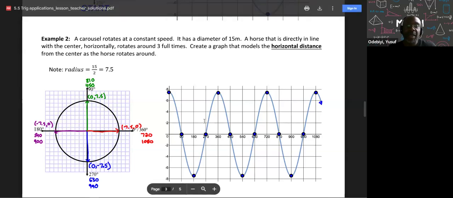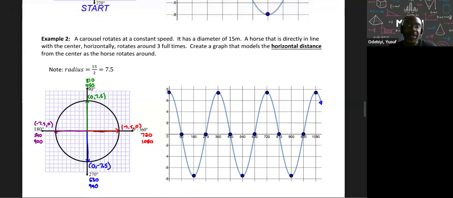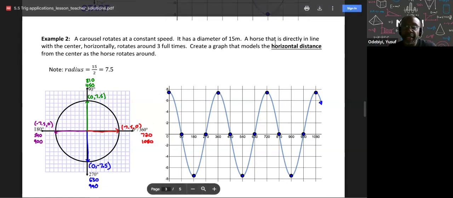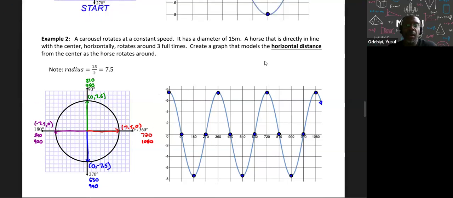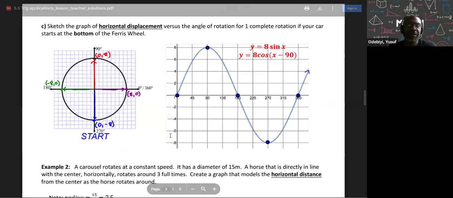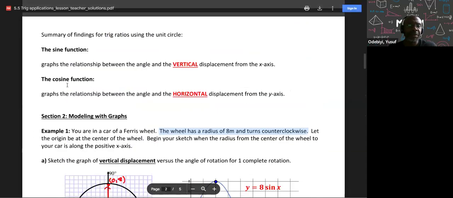Now, when I graph it, I'm graphing based on what I see here, and we're looking at the horizontal distance. Since we're looking at a horizontal distance, we have to go back to here.